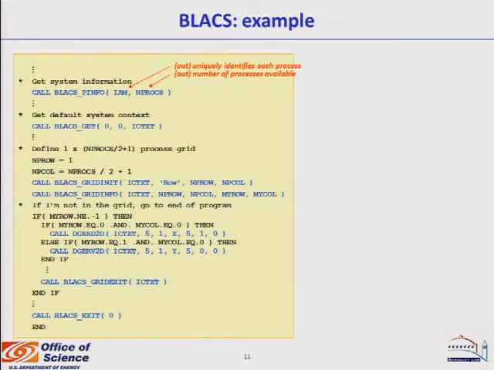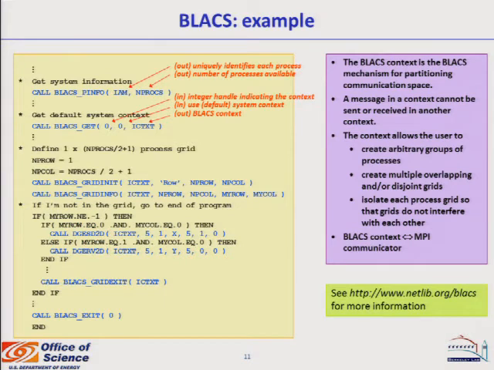So that's how we get some information. Going next to here, we have to initialize things, right? We get here what we call a handle, which is basically a communicator in the MPI jargon. That's equivalent.